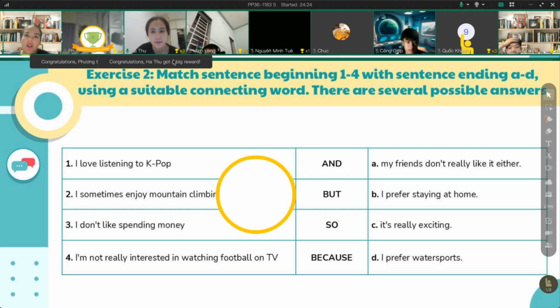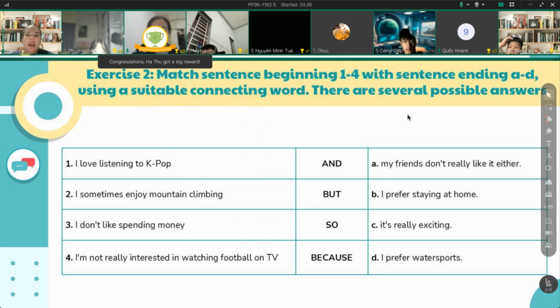Next. Part 2. Yes? Excuse me, teacher. Why do you use because? I think we use and because its primary function is to join two similar ideas or to add more information.